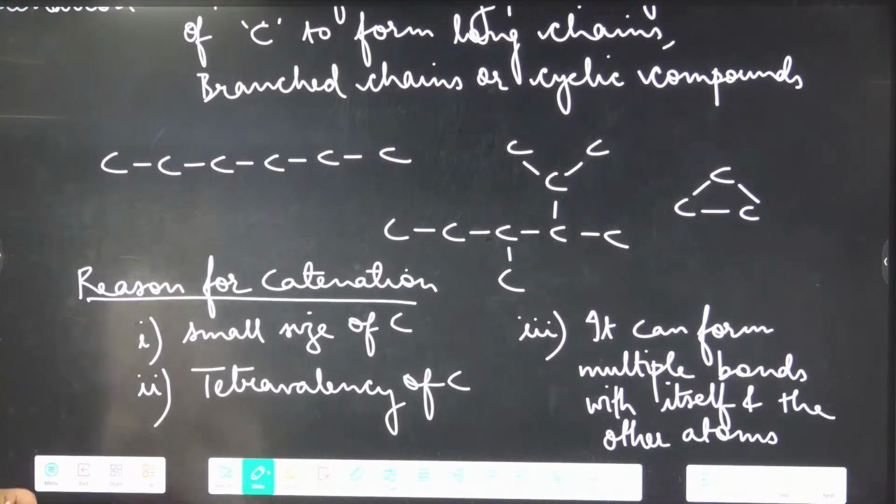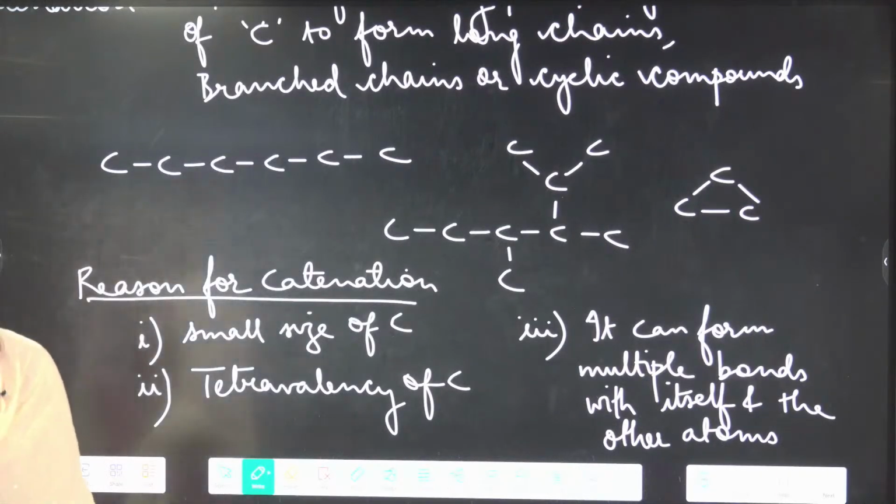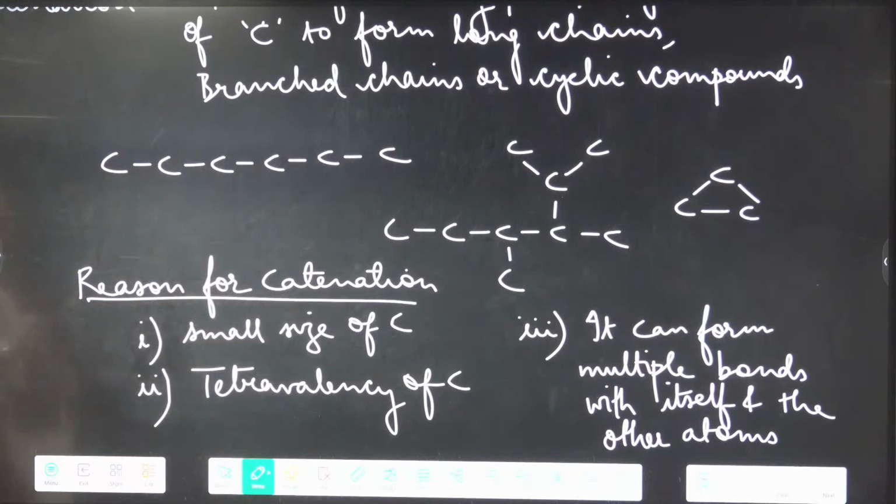It is able to self-link and give us millions and millions of compounds, because of which we have to study organic chemistry as a separate branch. Finish writing this. Done?